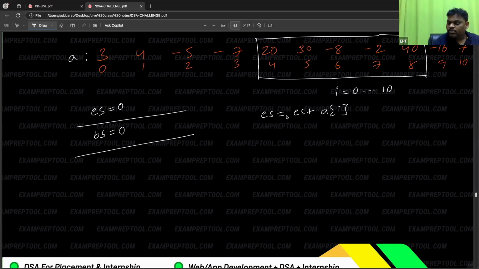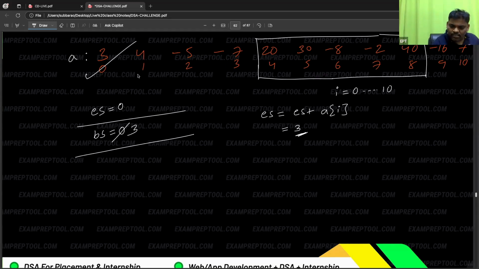So every time sum is equal to every time sum plus A of 0, and I think every time sum becomes 3. First add the first person. After adding, check every time sum and best sum. Suppose it is better, then only update.